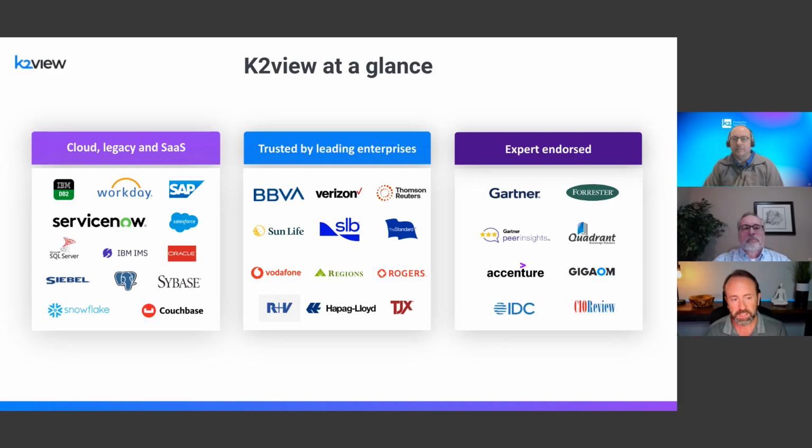But the biggest theme, really, from what you see here on the slide is we're used to dealing with the most complex enterprise environments that are out there. We recently onboarded one of the largest retailers in the world. We've onboarded several national banks in the last few months as well.